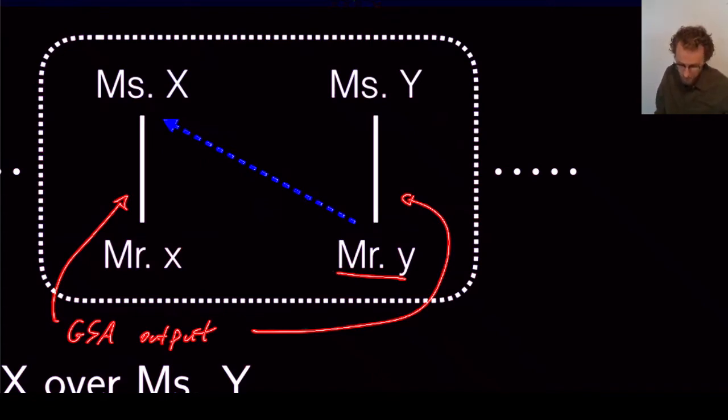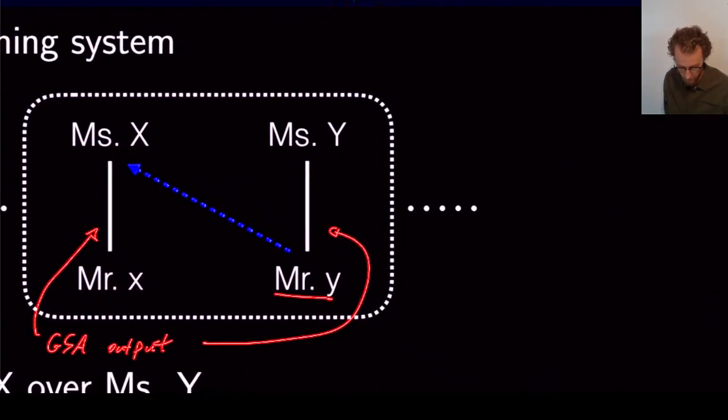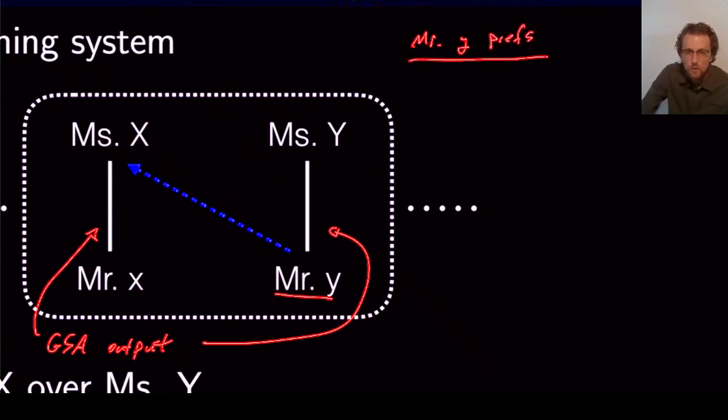So what does that mean? Just mechanically, if I took Mr. Y's preferences and wrote them down, they would look like this. Mr. Y's prefs. We don't know who else he has preferences over, so I'm going to put some dots in, but he's got some favorites.